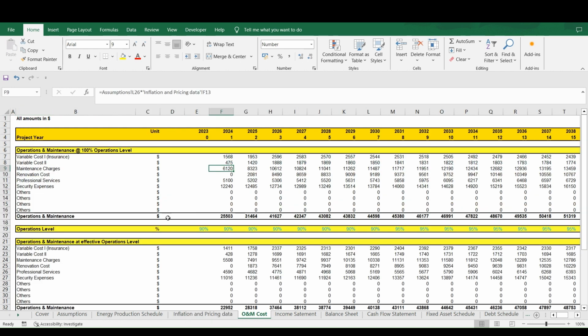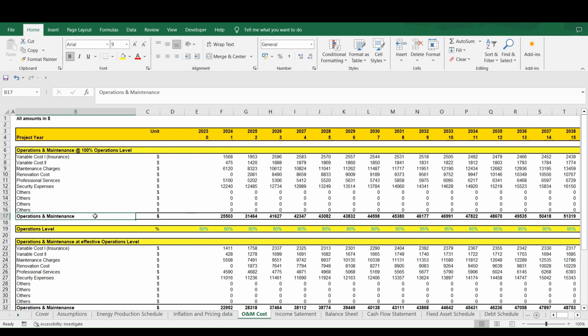Next, we have operation and maintenance cost. So we have assumed that at 100% operation levels, this will be the variable cost. It's a percentage of the revenue, so we are doing it by multiplying with revenue. Then we have other variable cost, then maintenance charges, insurance cost, and others.